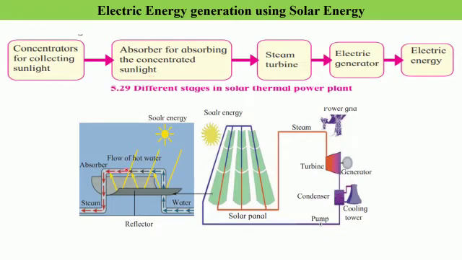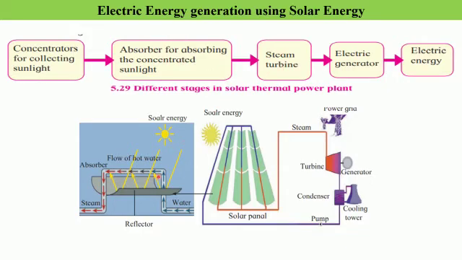So these absorbers are tubes, and through these tubes a fluid is made to flow. This fluid here is water, which is constantly flowing through these absorbers, that is the tubes. So absorbers are required for absorbing the concentrated sunlight. Steam turbine.